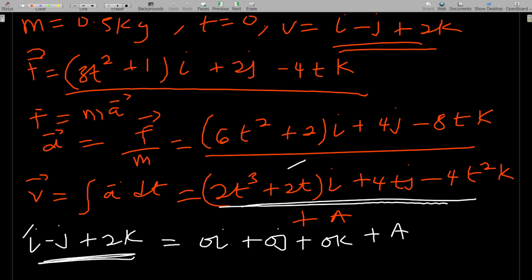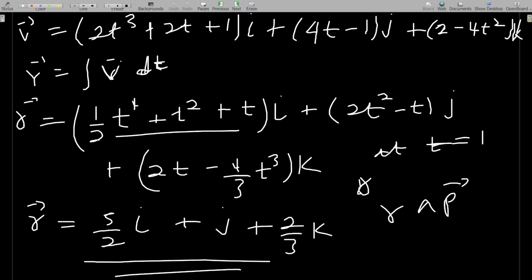P is equal to mv, where this is our velocity, m is 0.5, and v is at t equals 1 second. So we are doing everything at t equals 1 second. The first part is a. We are done with that.